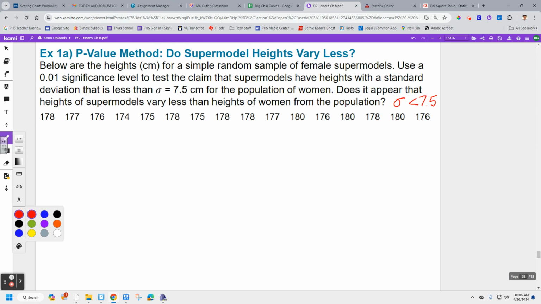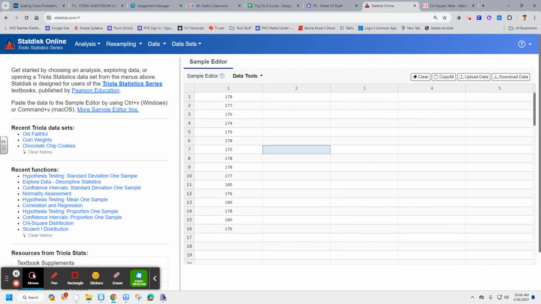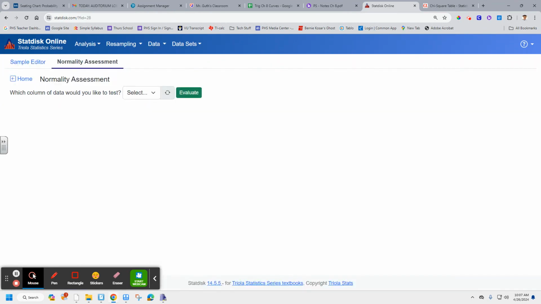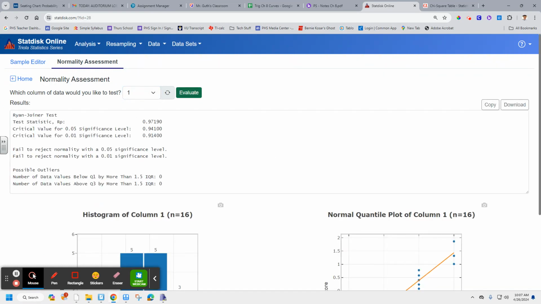Remember, it's pretty strict about being a normal distribution. And we've done that before on StatDisk. Check it out. I've already got the numbers typed in here. And what we did was we went up to data and normality assessment. Pick column 1 and evaluate.